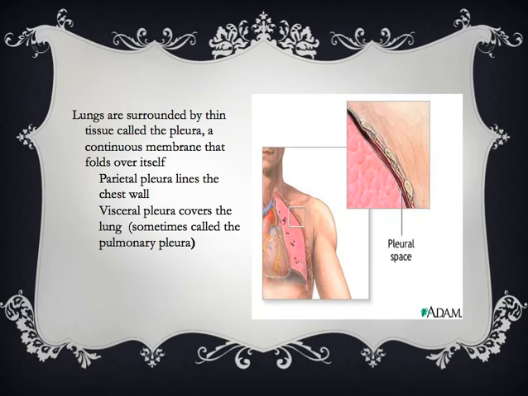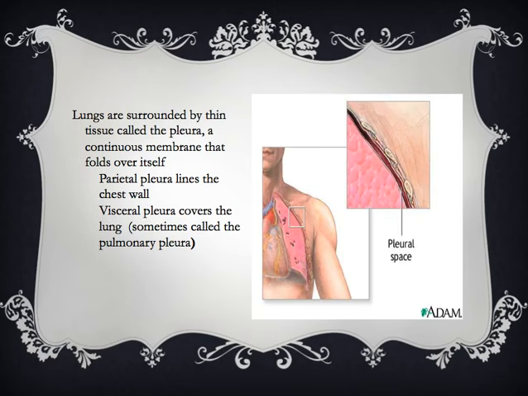Between those two membranes, there's a very small space called the pleural space. There is generally a small amount of negative pressure within that pleural space to keep the lungs expanded and the two membranes sort of stuck together, if you will. There's a small amount of fluid in there that lubricates the membranes, so that when we breathe in and out, they slide back and forth quite nicely on each other.